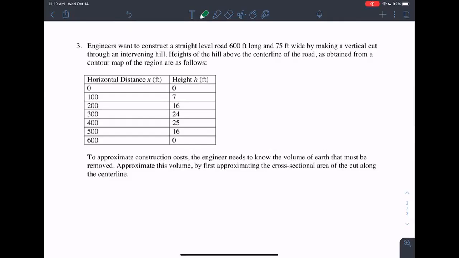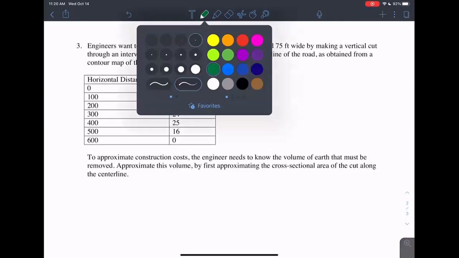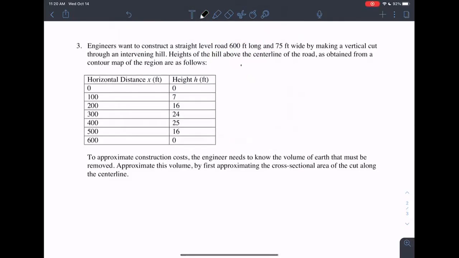So we've got this road, and we've got this funky hill, and so I'm just going to draw a graph of the hill itself. All right, so at 0 feet from the center line, or at the 0 foot level, we are a height of 0 feet.